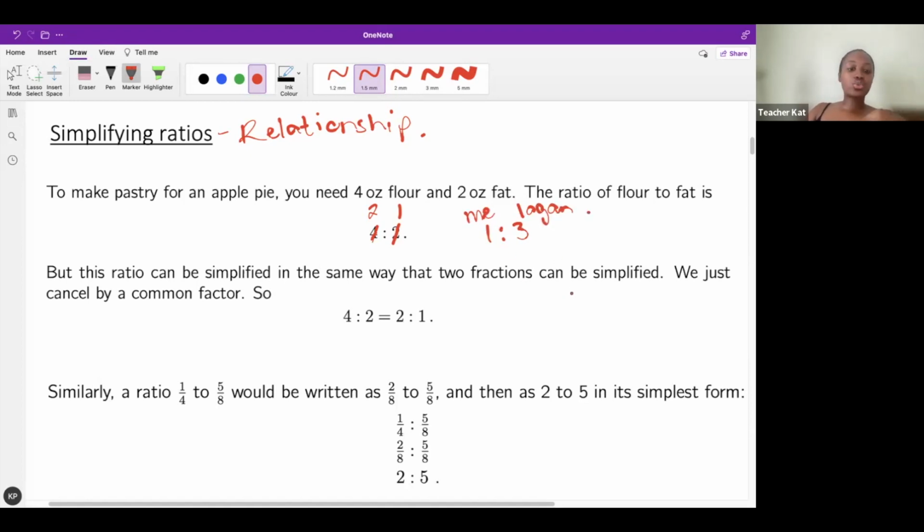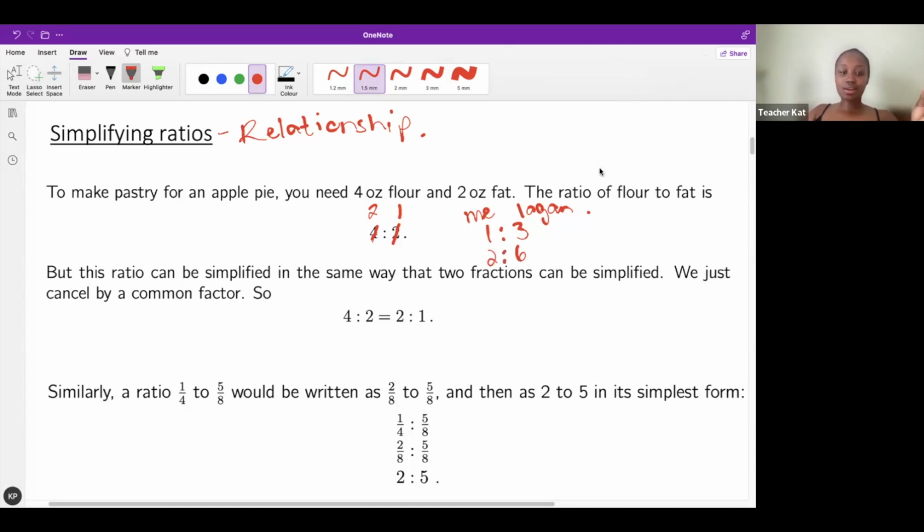So if I have 2 sweets, how many will Logan have? Guys, this is a ratio. I said for every 1 sweet that I take myself, I give Logan 3. So if I have 2, that means Logan has how many sweets? 6. Do you guys see how a ratio works?